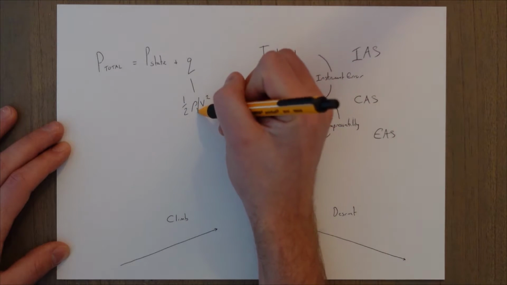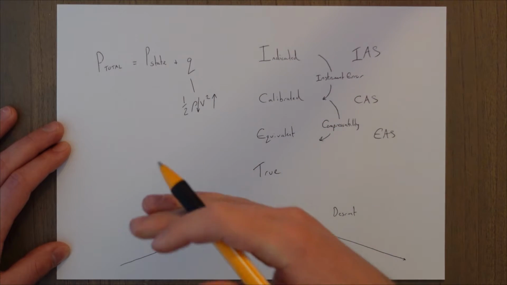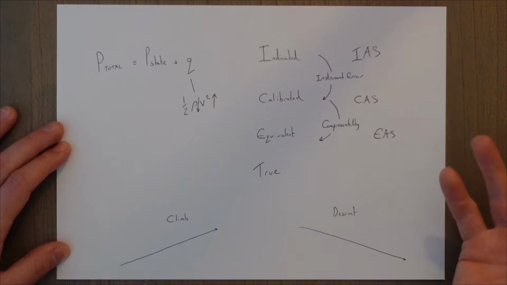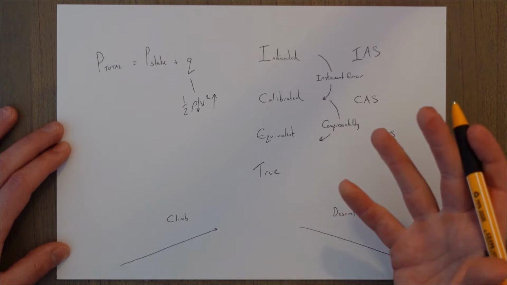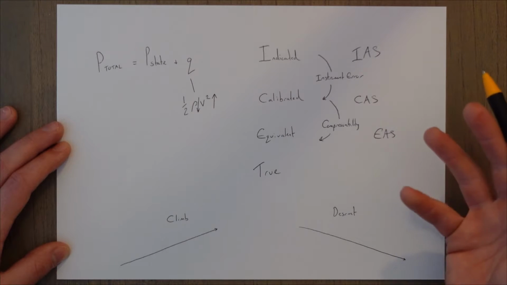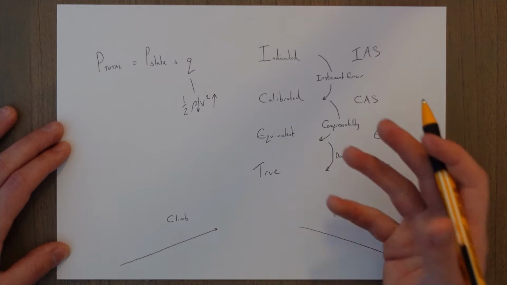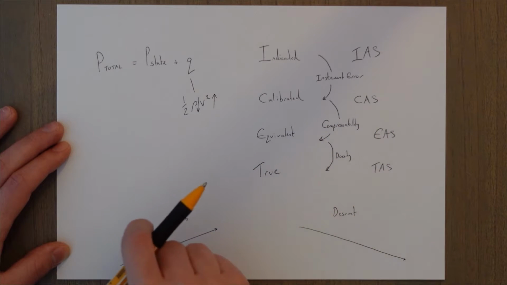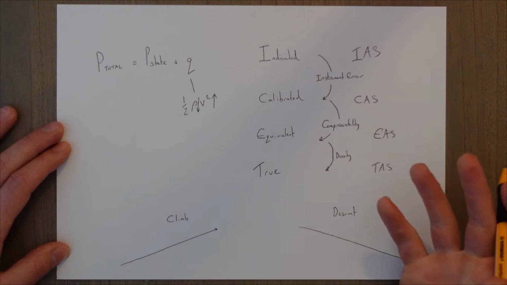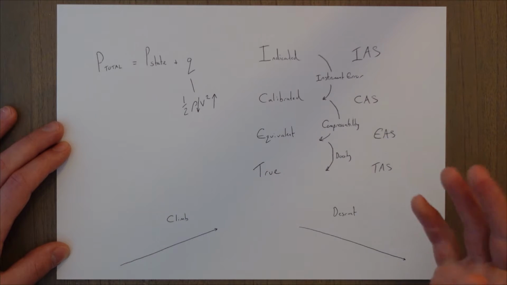This number in here is falling, so our actual speed has to increase if we want to maintain the same numbers being displayed in terms of indicated airspeed. So think of true airspeed as the speed we're actually moving through the air once we correct for density changes. Because the true airspeed is the speed we're actually moving through the air, this is the one that we're interested in when we're talking about our climbing and descending problems. And then we would add the wind component on to get the ground speed, and so on.